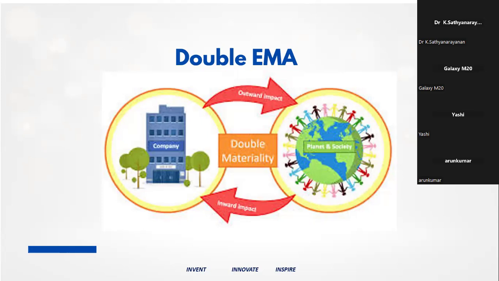So once you have finished the earlier environmental materiality assessment, now we are going for double materiality assessment. What is double materiality assessment?